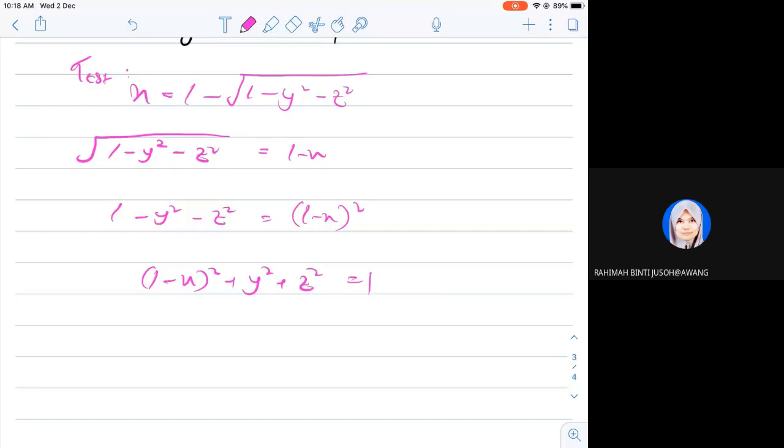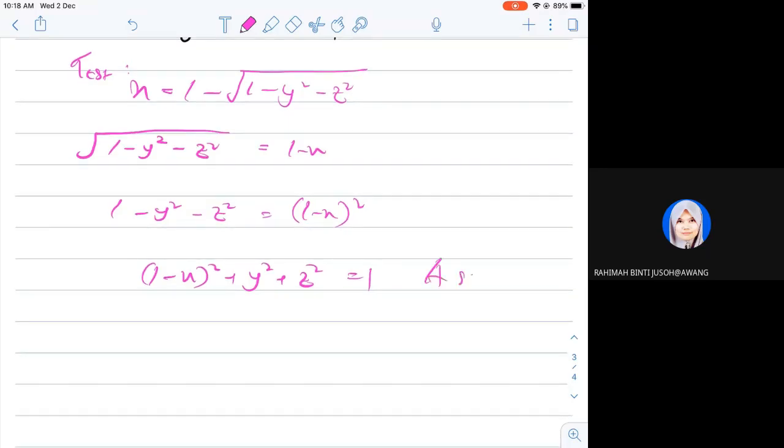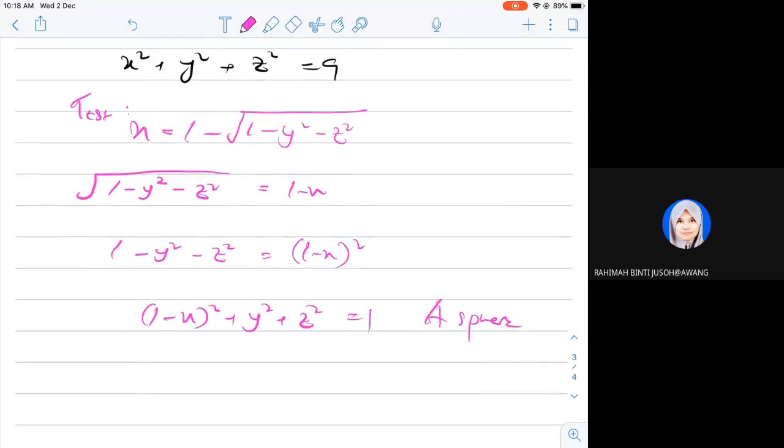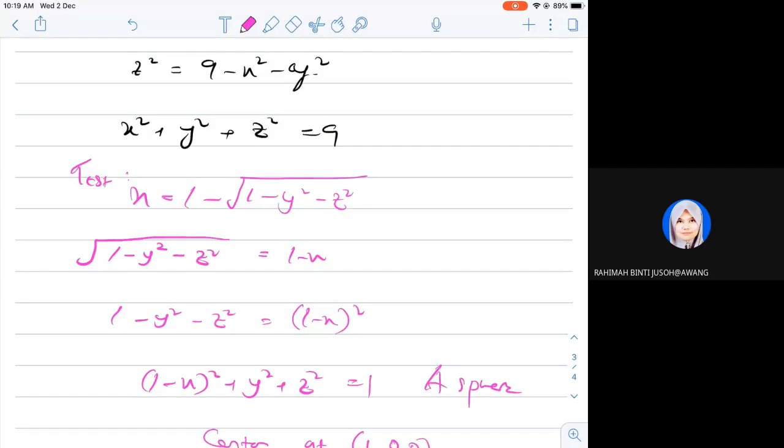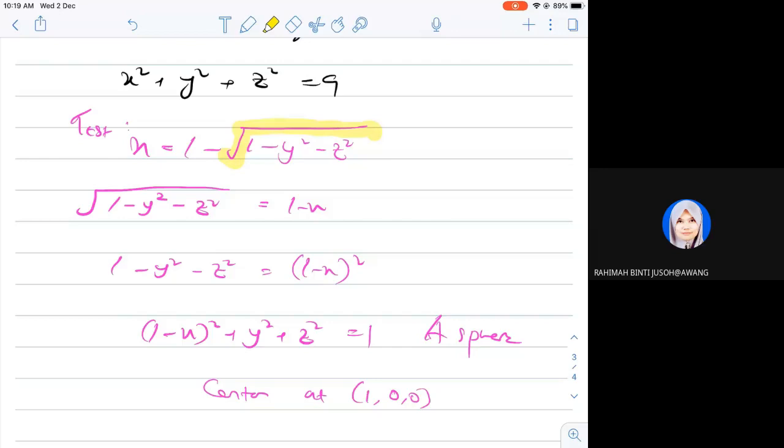This is actually a sphere, right? A sphere. But the center is at (1, 0, 0). However, we have a square root sign. So the square root sign means x cannot be negative, we just have the positive part of x.